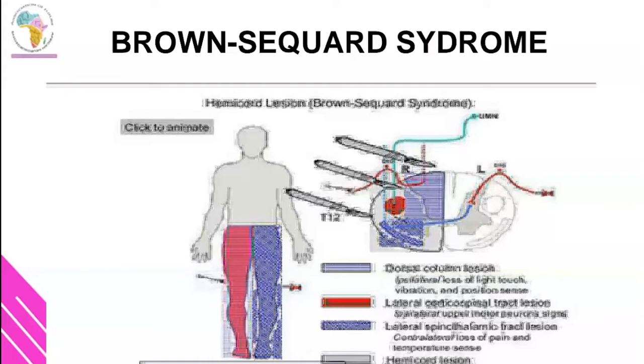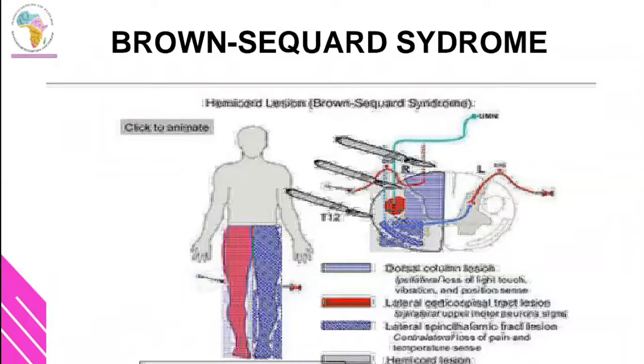So in this presentation, the patient had a lesion on the right side of the spinal cord, and they presented with a dorsal column lesion on the right side, with ipsilateral loss of light touch, vibration, and position sense.